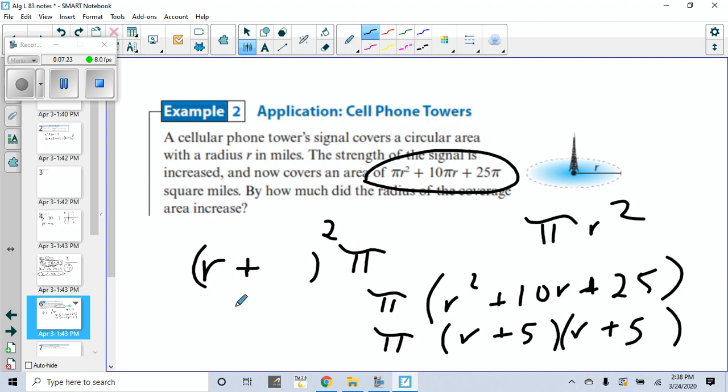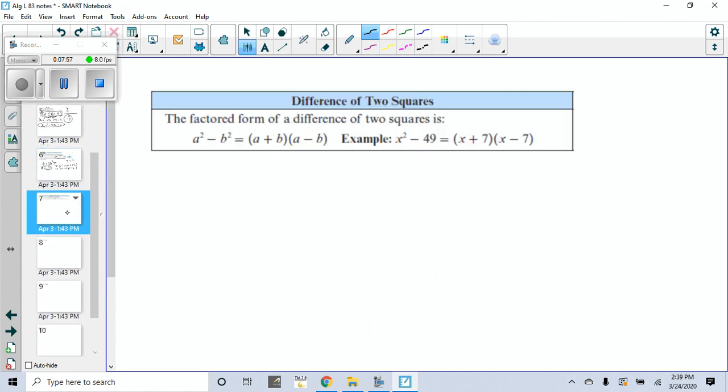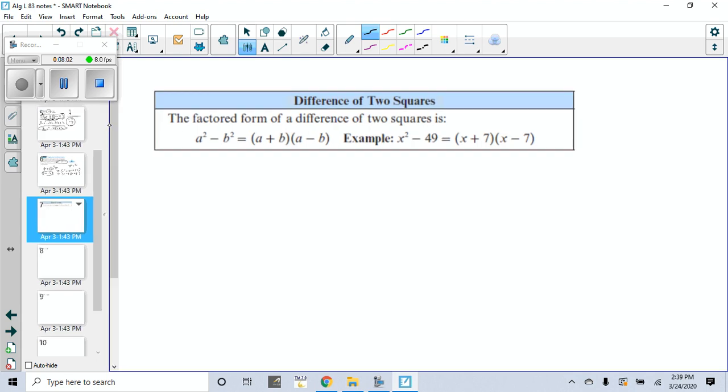Yes. So the original question said, what was the r increased by? And the r was increased by 5. So how much was the radius of the coverage area increased by? It was increased by 5 miles. That's kind of a hard question there. All right. So the other, sorry.